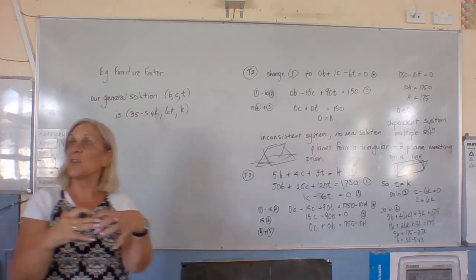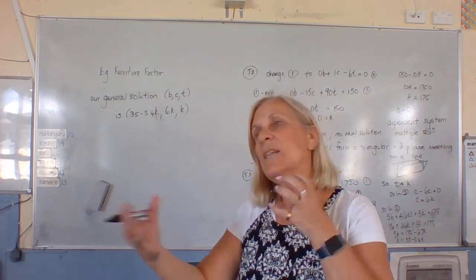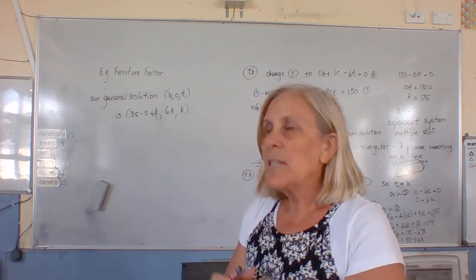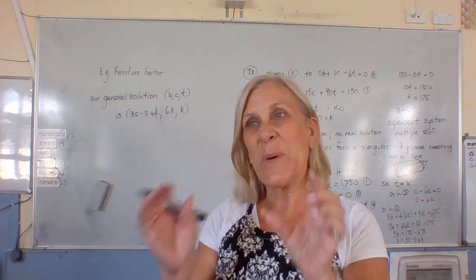So all of our solutions are now related to K. This K is what we're trying to find. So that first one tells us the bit we need to know.